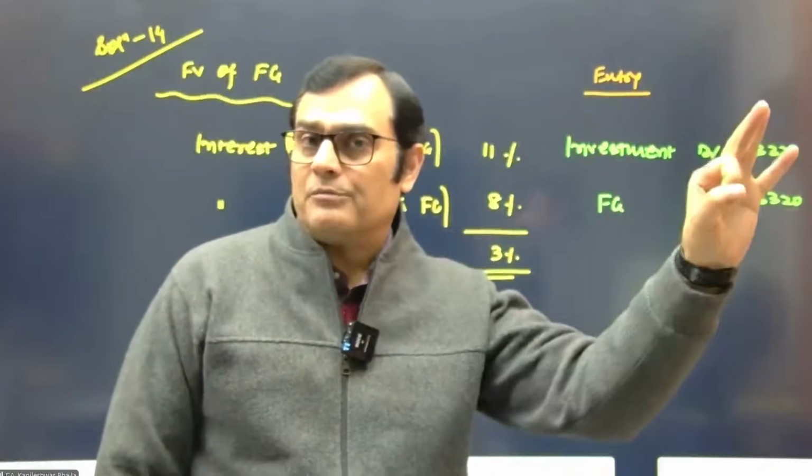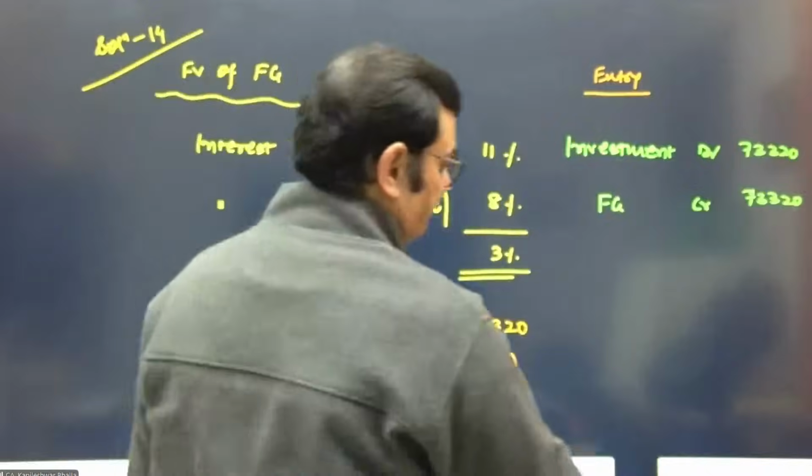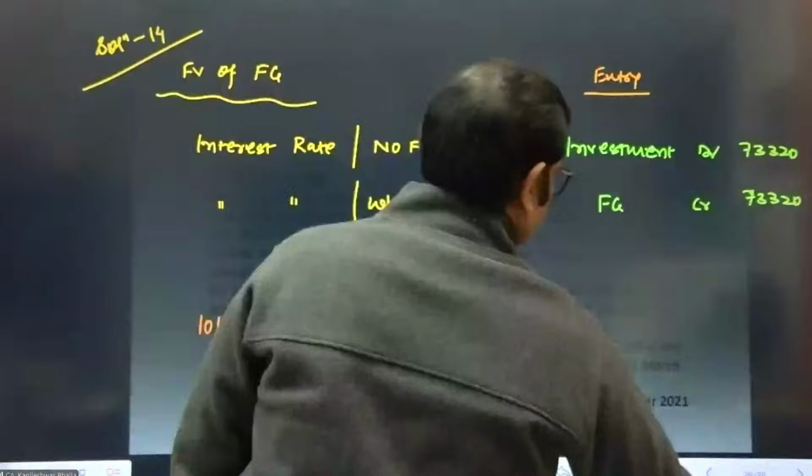Now let's see the accounting on a subsequent level, how the accounting would be done subsequently for this financial guarantee. So my first year is March X2, so we're looking at 31st March X2.